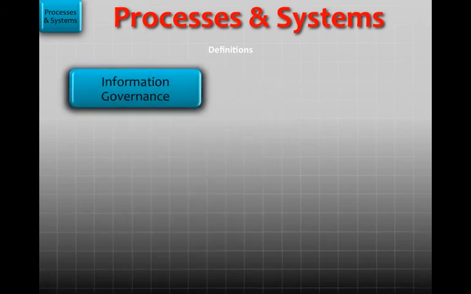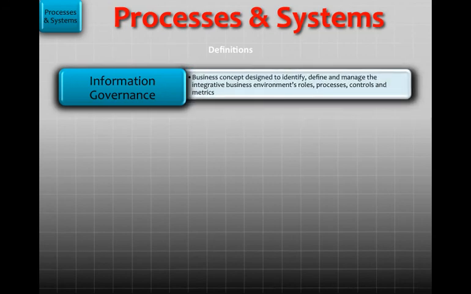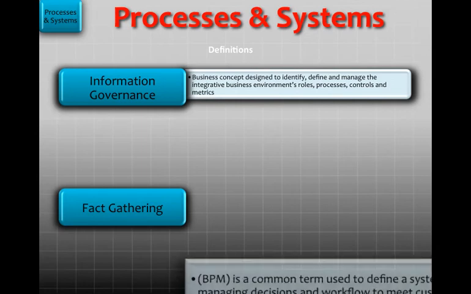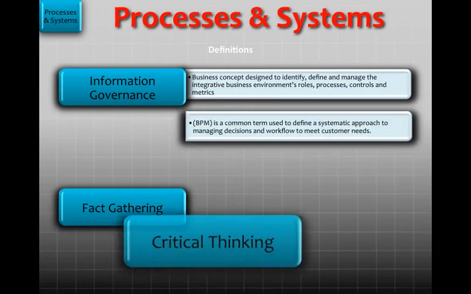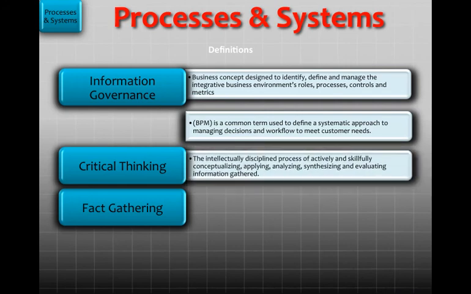So here are some definitions that should be helpful for you and at least allow you to start to look at processes and systems a little differently prior to taking this particular lesson. And I think what's most significant here is that these processes and systems in our management and in our marketing world are constant.